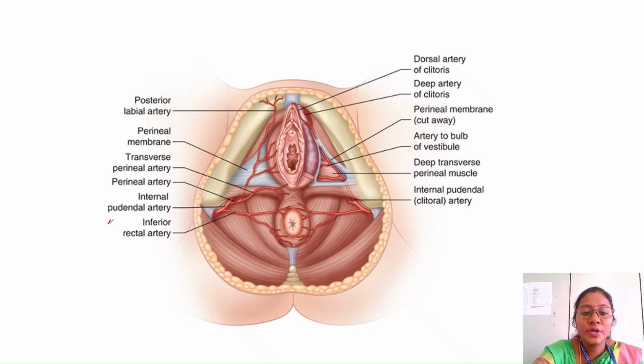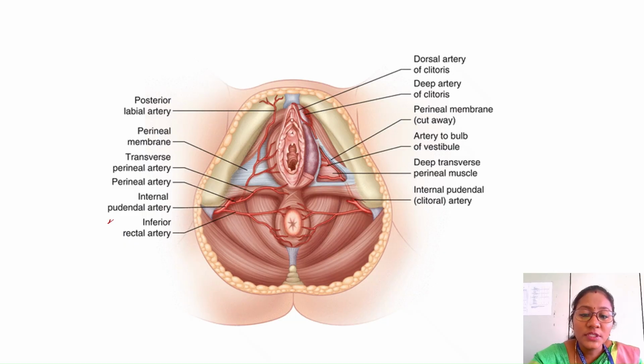From the internal pudendal artery, there is the branch, the perineal artery. The perineal artery is divided into two branches. One is the transverse perineal artery, which will supply the perineal body, that is the perineal muscles.